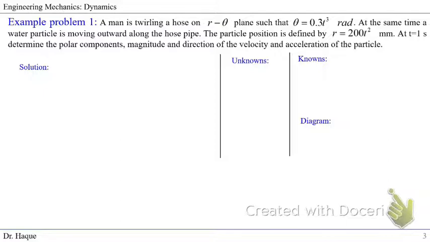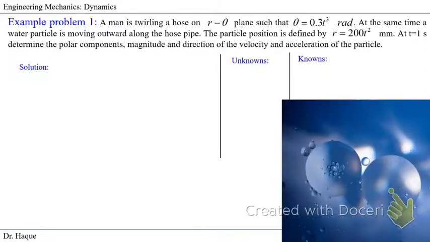The particle position is defined by r equals 200 t squared. So with time, the position of the particle r follows this equation, in millimeters. Now at t equals 1 second, the problem wants us to determine the polar components, magnitude, and direction of the velocity and acceleration of the particle.